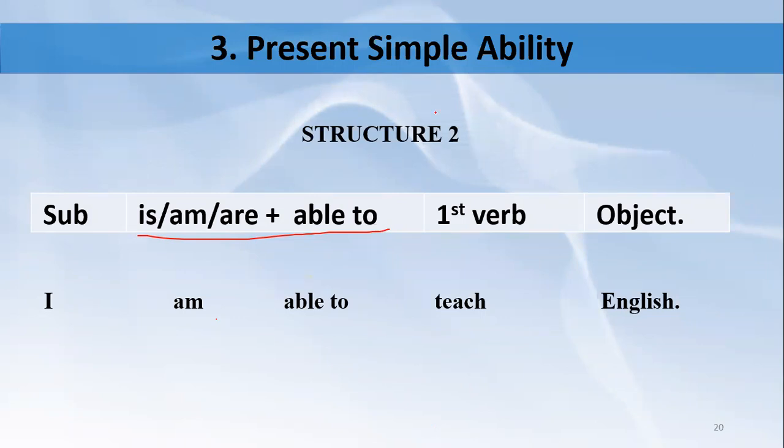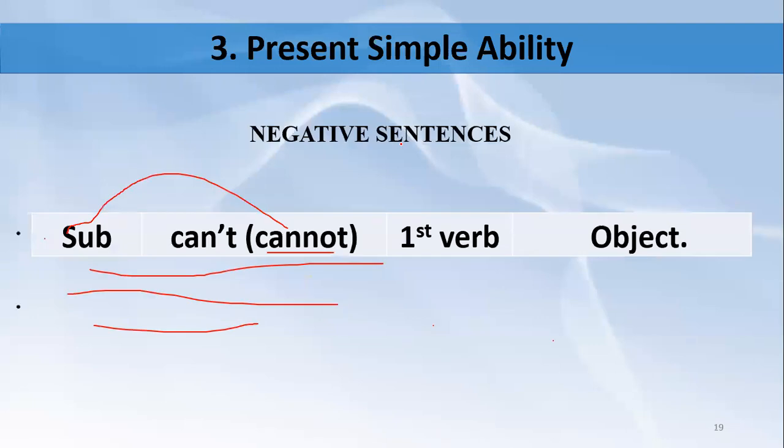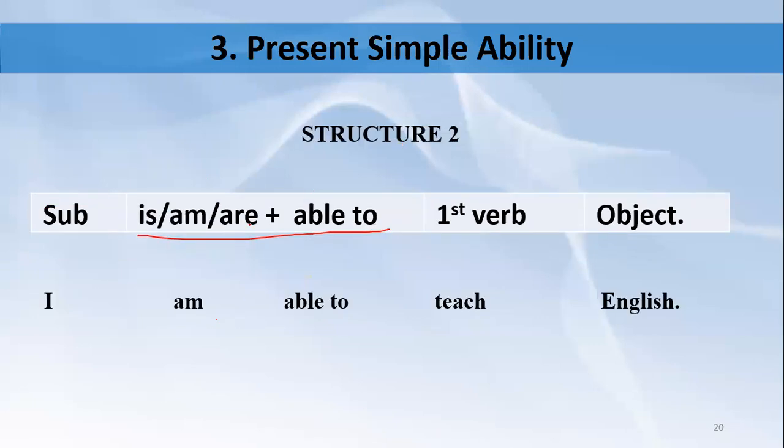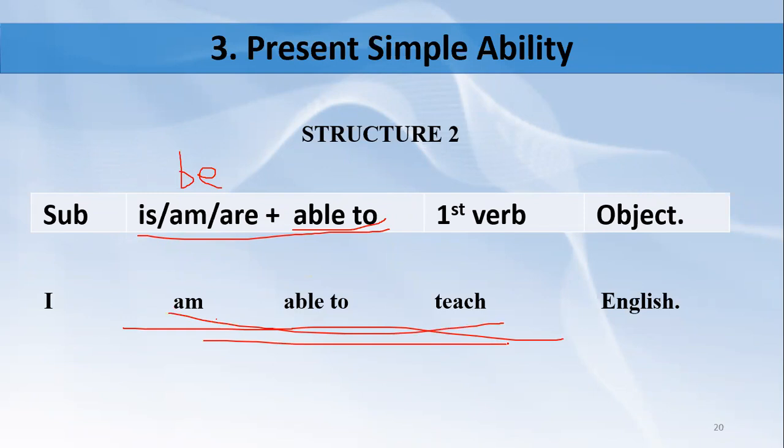Okay, good. So the first structure for talking about our abilities is can. The second structure is the B form, the first form of B, I mean is, am, are, and able to, then the first form of verb. Like I am able to teach English, we are able to speak English, you are able to speak English.